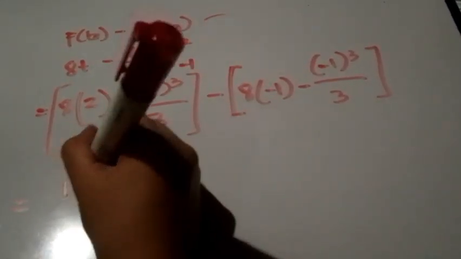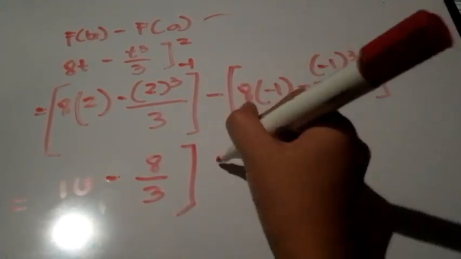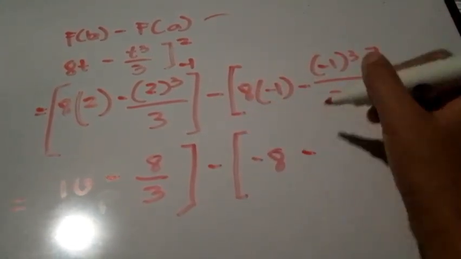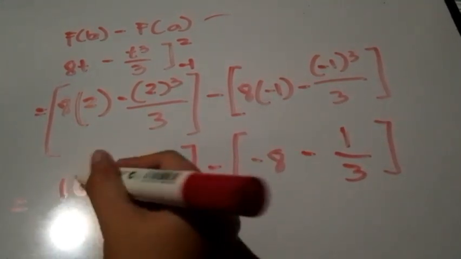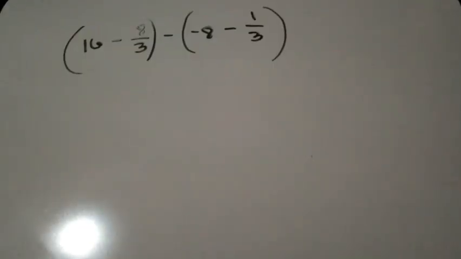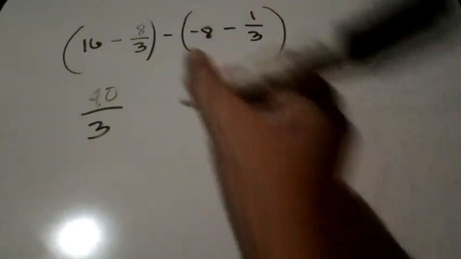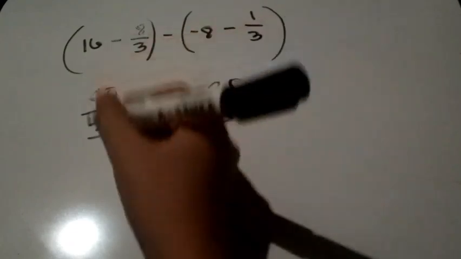We have 16 minus 8 thirds, minus negative 8 minus 1 third. So 16 minus 8 thirds is 40 thirds, and negative 8 minus 1 third, the negative of that, is 25 thirds.